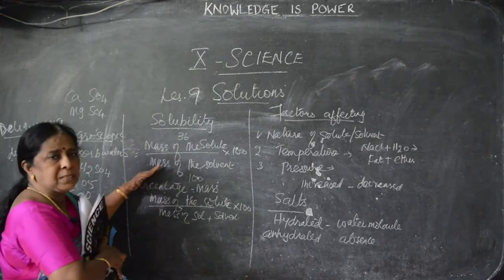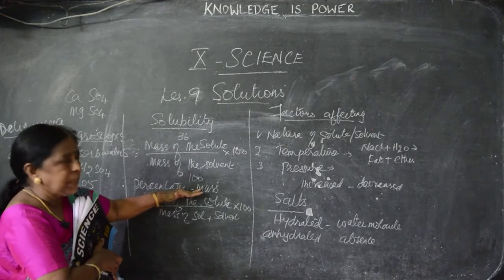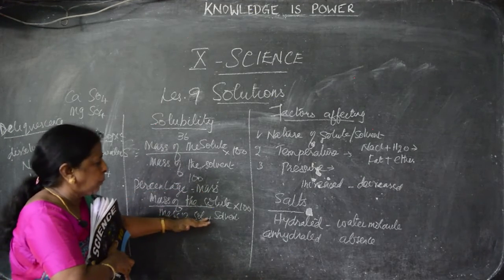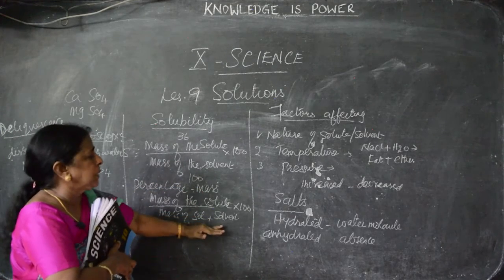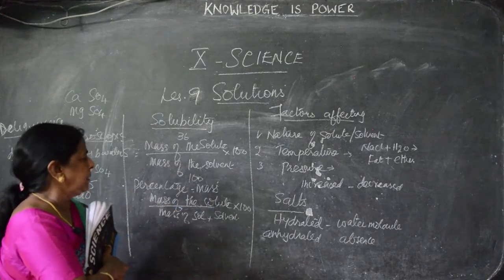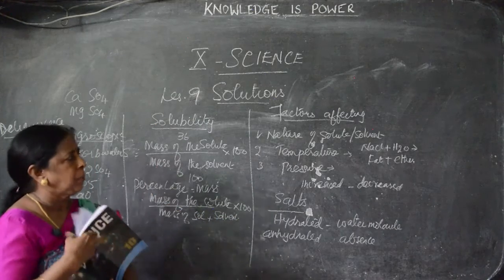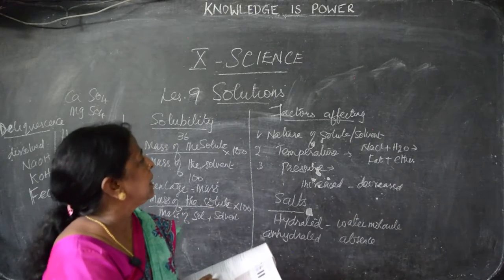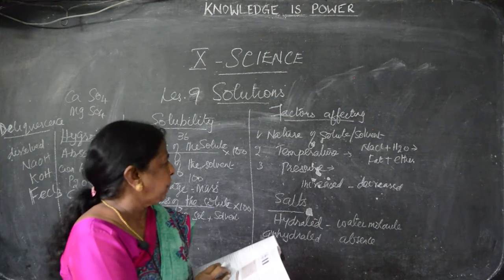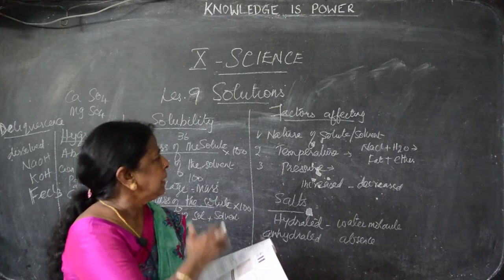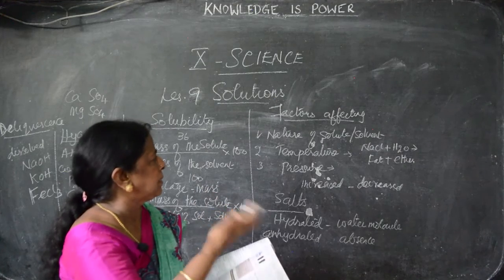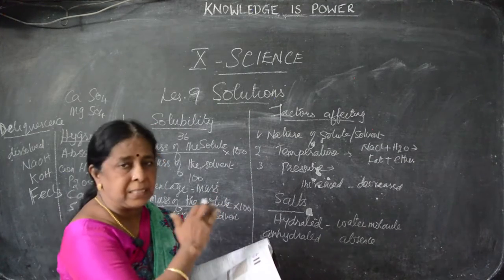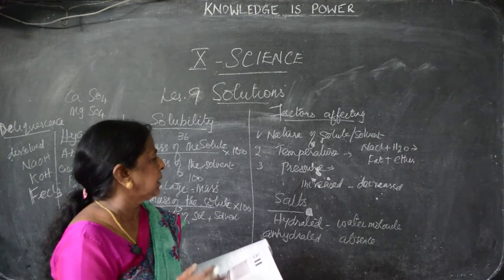Solubility is the mass of the solute and the mass of the solvent, into 100. By using this formula, we can find out the solubility of the substance. Percentage means mass of the solute by mass of the solute plus solvent, multiplied by 100. Then the factors affecting solubility: nature of the solute, temperature, pressure. A powdered solute dissolves more. Temperature increase means solubility also increases.